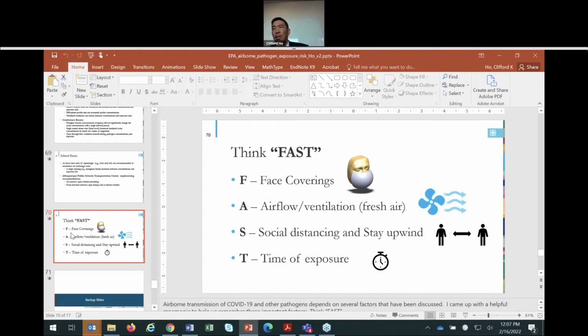Certainly, understanding that ventilation can help with minimizing airborne exposure and risks has been known, but specifically what methods can be implemented, not only for indoors but for school buses, I think a lot of that had not been fully investigated.